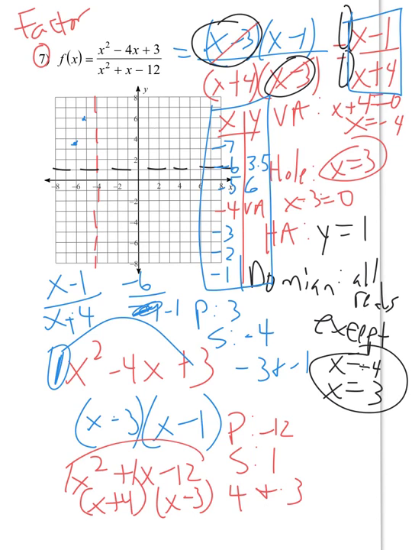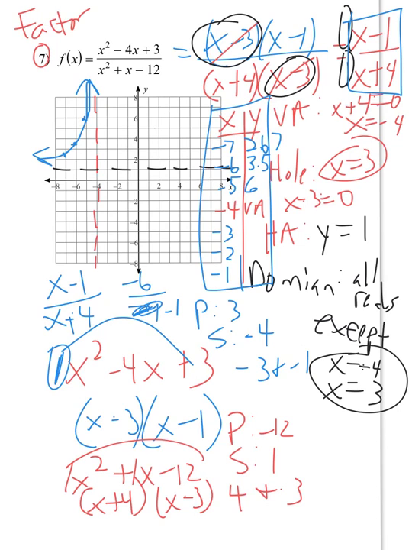And then at negative 7, negative 7 minus 1 on the top is negative 8, over negative 7 plus 4, which is negative 3, so it's 8 thirds, or about 2.67. So at negative 7, we're up at 2 2/3, so we're about right there. So this is going to kind of look something like this. And again, don't draw it so it crosses either of the asymptotes.